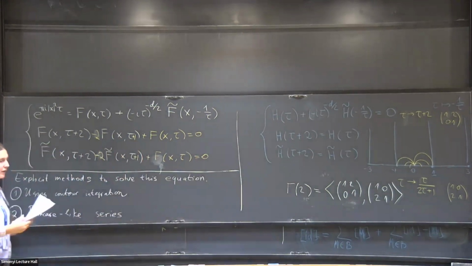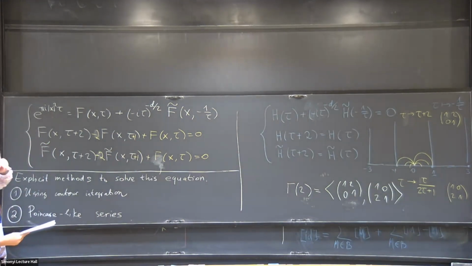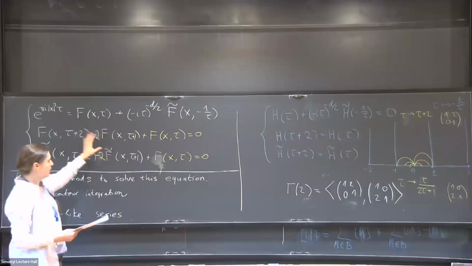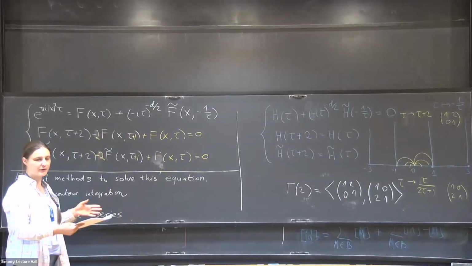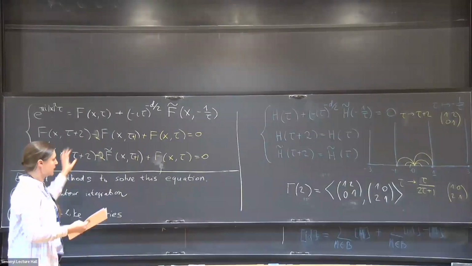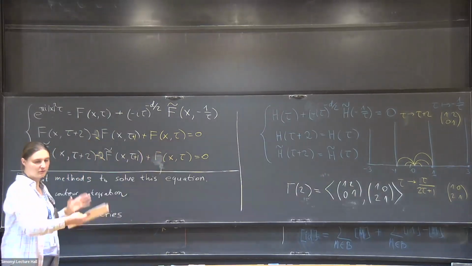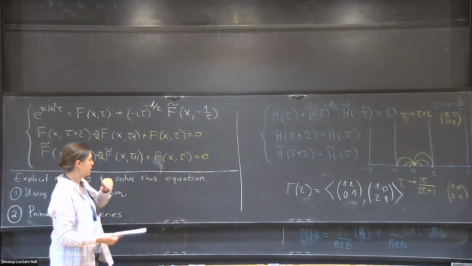Instead of looking at functions which are two periodic, we will have functions which are linearly one periodic. So it would be a function which has period 1 times tau, and another function which is periodic with period 1.